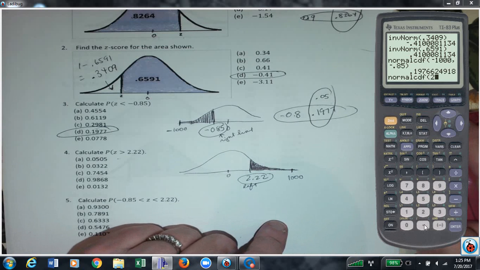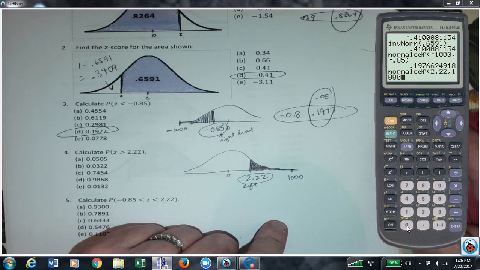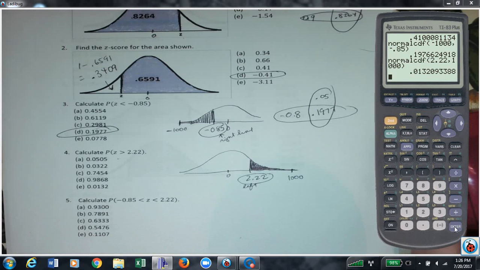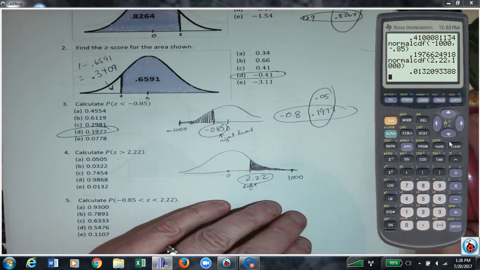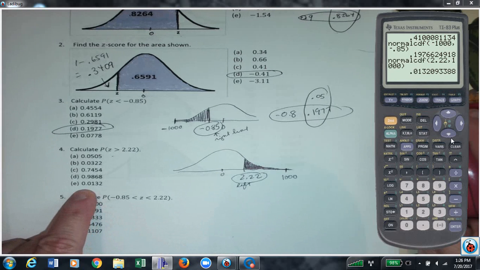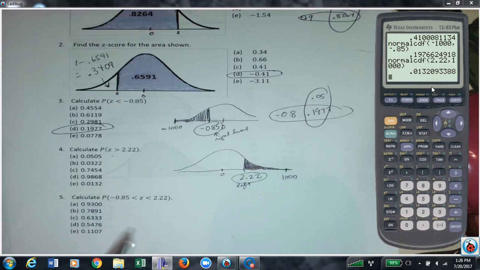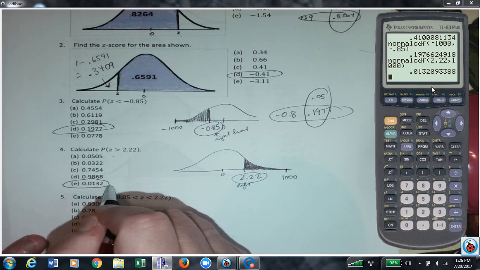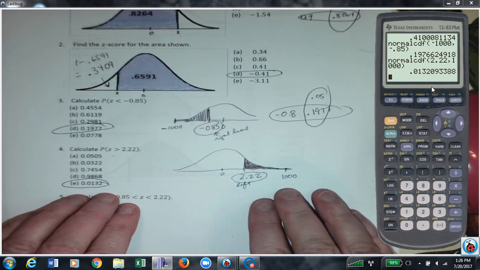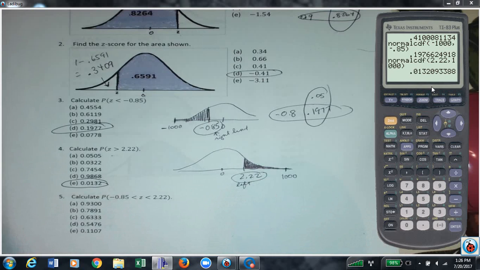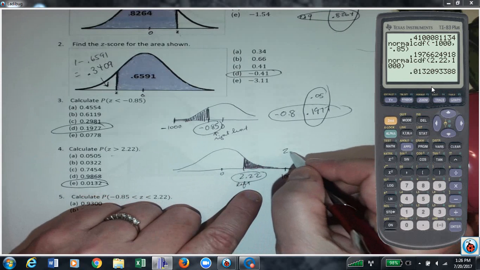So let me do 2.22, comma, and then 1000, close parentheses. Okay, and that matches up to 4 decimal places with selection E. The other thing I could do is I can find 2.22 on the positive z-chart.